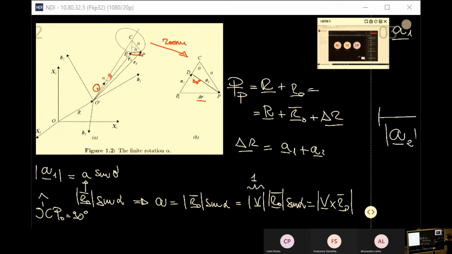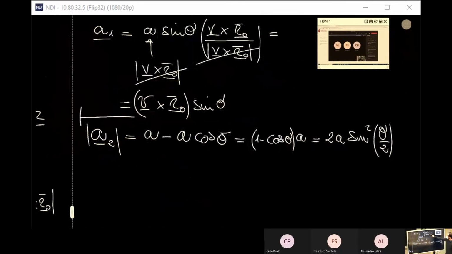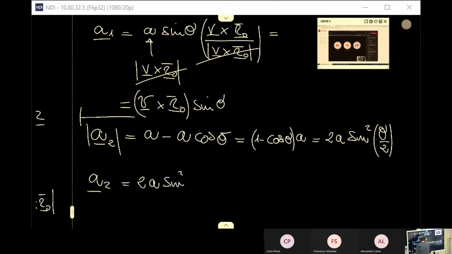So if the direction of a1 was v times r0 over bar, if we multiply it again by v, we get the direction which we need, right? So a2 as a vector is 2a sine squared of theta divided by 2.